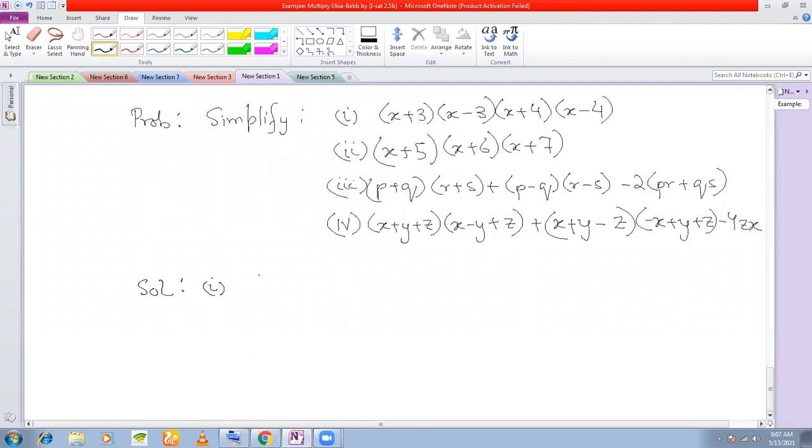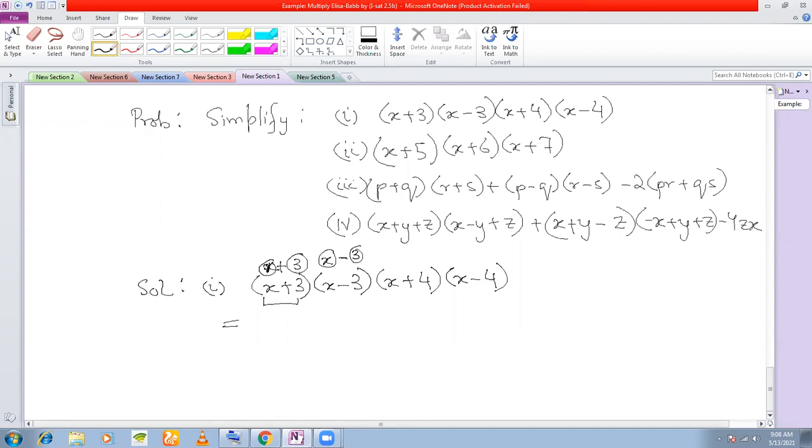So we start with (x + 3)(x - 3)(x + 4)(x - 4). See, I have x plus 3 here, right? This x remains the same, this 3 remains the same. Also in the next one, x remains the same, 3 remains the same. Only you have a minus sign.